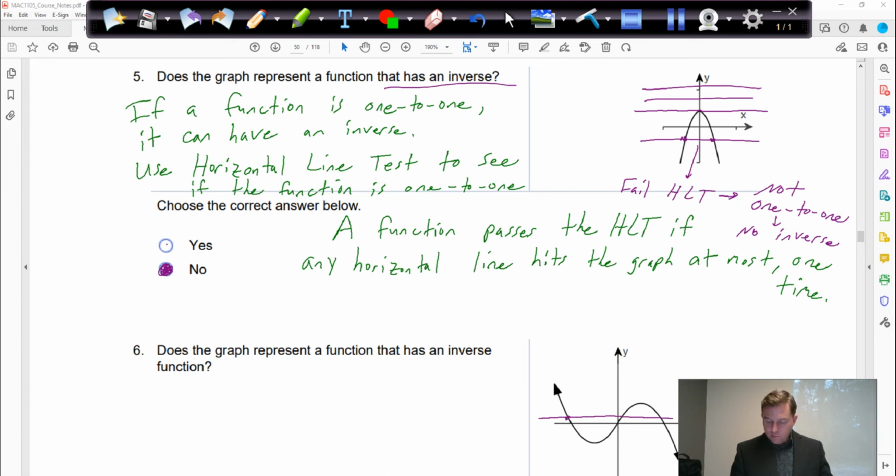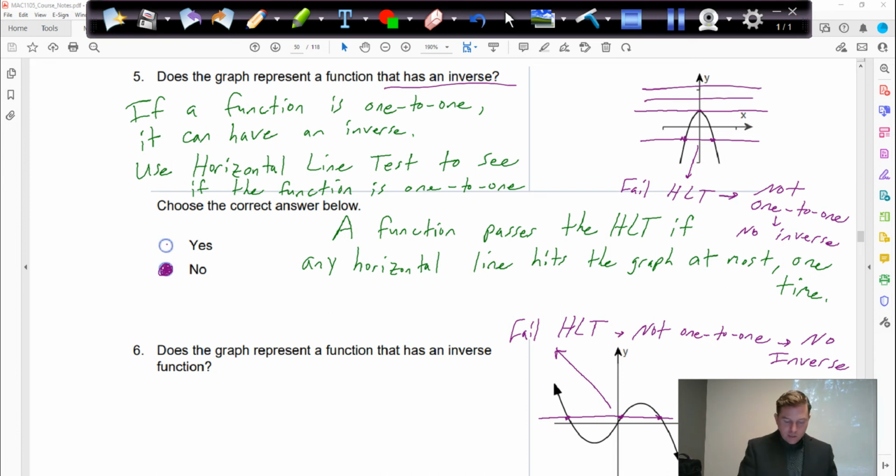It hit 3 spots, and it doesn't matter how many times. If it hits more than once, 2 times, 3 times, however many, that's going to fail the horizontal line test. Therefore, it's not one-to-one, and therefore there is no inverse. So this one would also be a no.